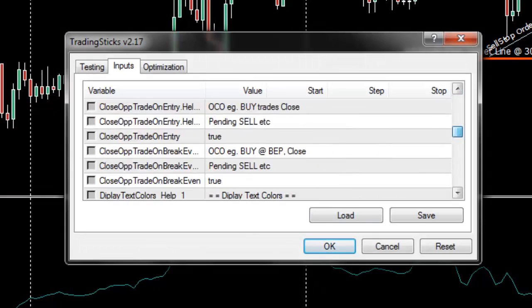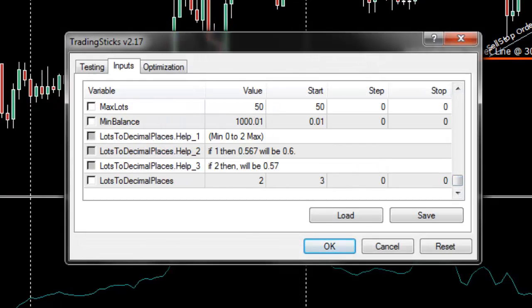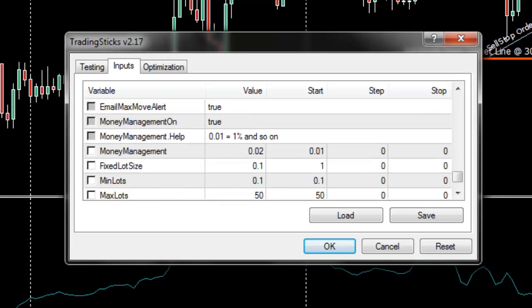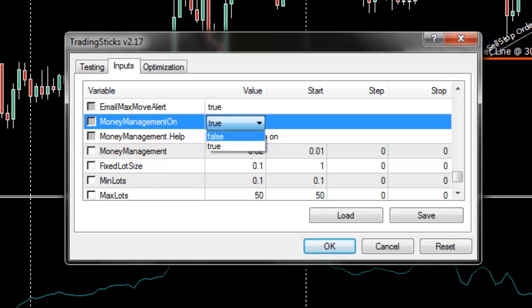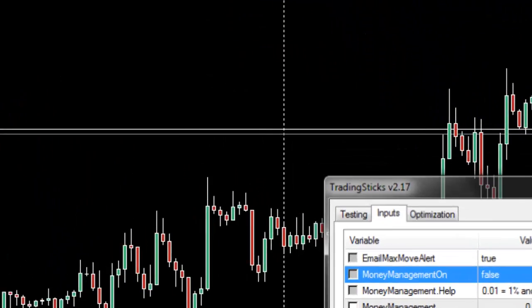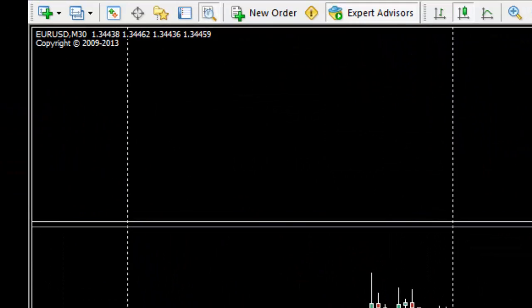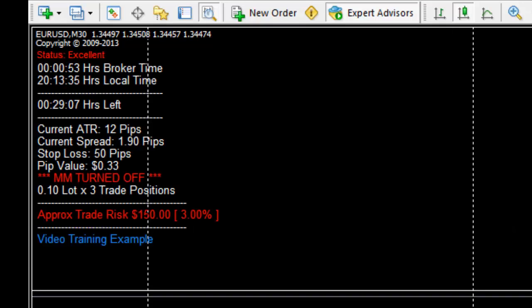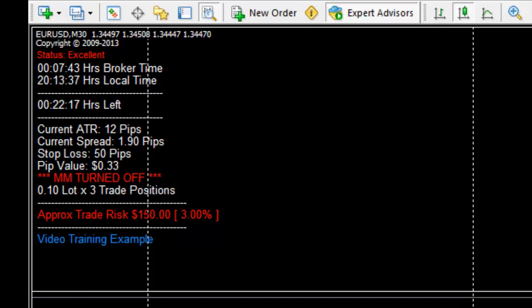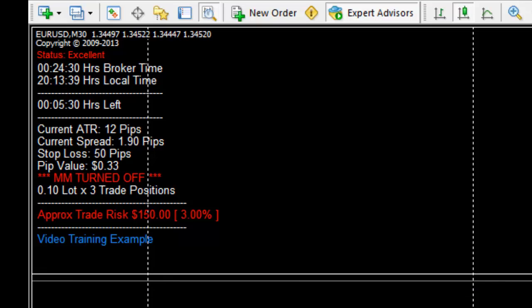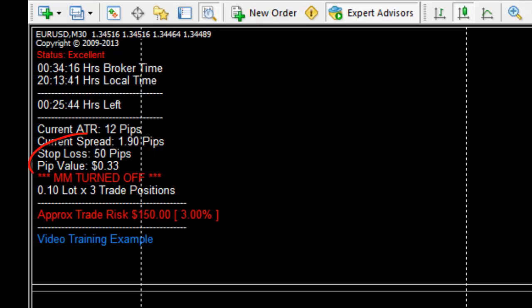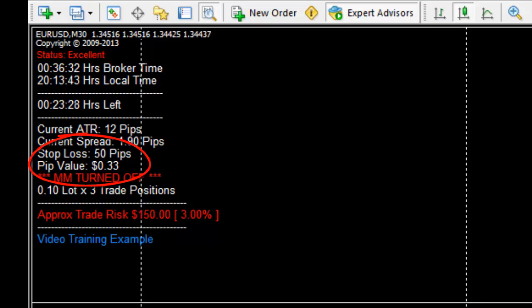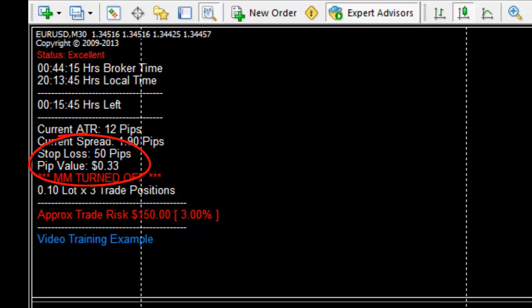Okay, this time we are going to take the money management off, but we're still going to keep the stop loss in place. Let's see what happens here. With money management off, we've got a stop loss of 50 pips with a pip value of 33 cents.